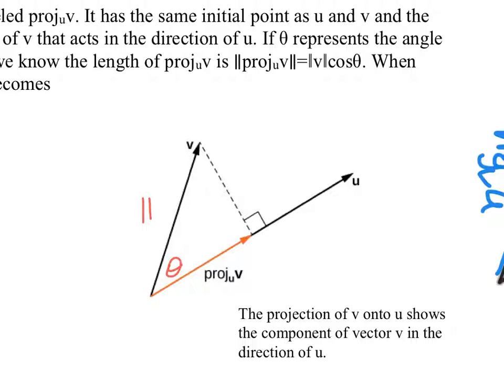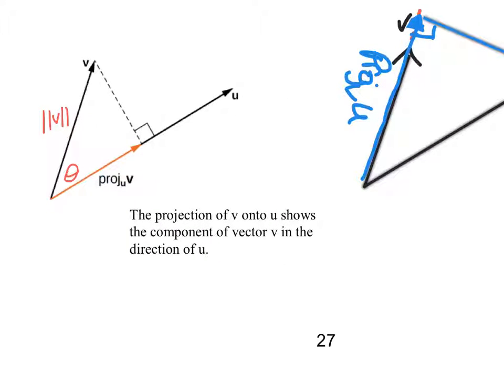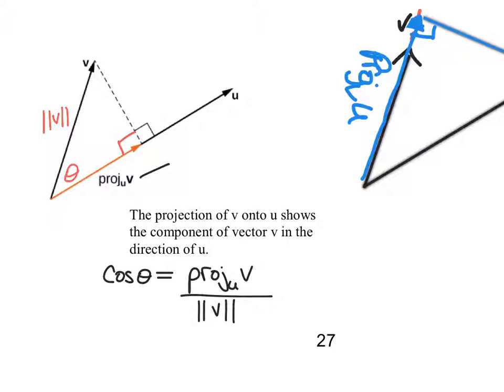This is my magnitude of V. And I'm looking for the projection of V upon U. So I could say simply, using good old-fashioned SOHCAHTOA, as Mr. Panzer would say, cosine of theta is equal to the adjacent over hypotenuse, the projection of V upon U divided by the magnitude of V. Now the thing is, that projection of V upon U, that's a vector.